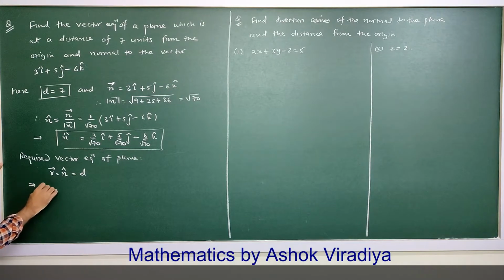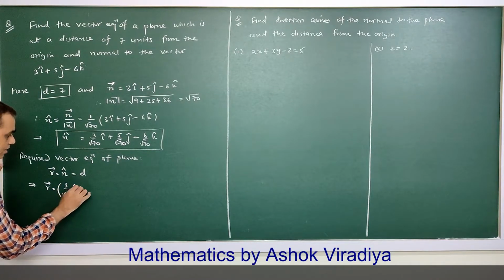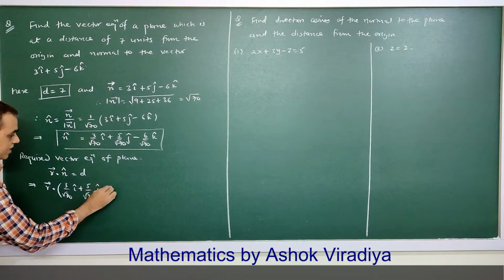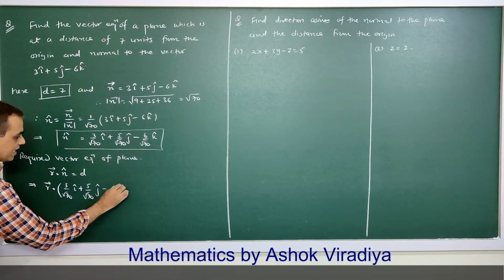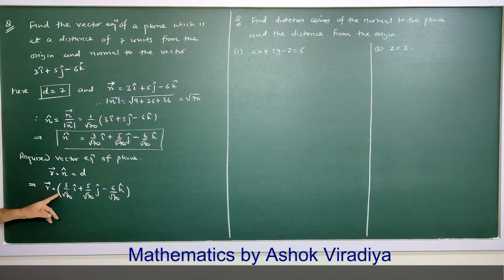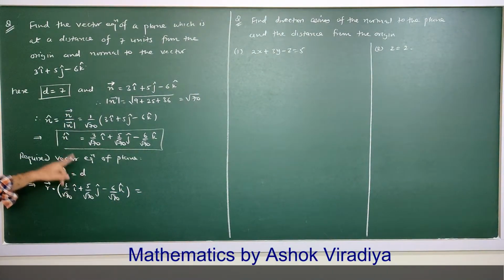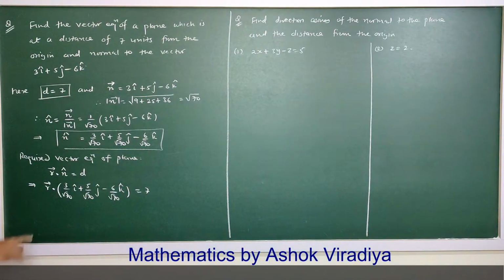So that is vector r dot, now putting this value, 3 by root 70 times i plus 5 by root 70 times j minus 6 by root 70 times k, equals d. D is 7. So this is the required vector equation.